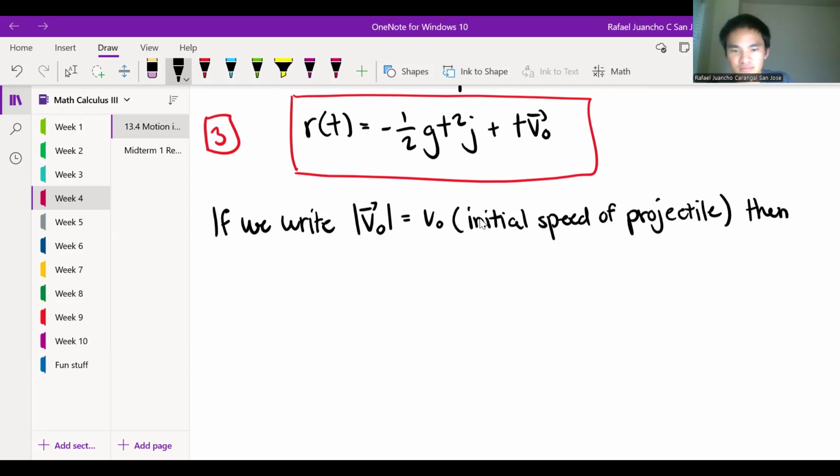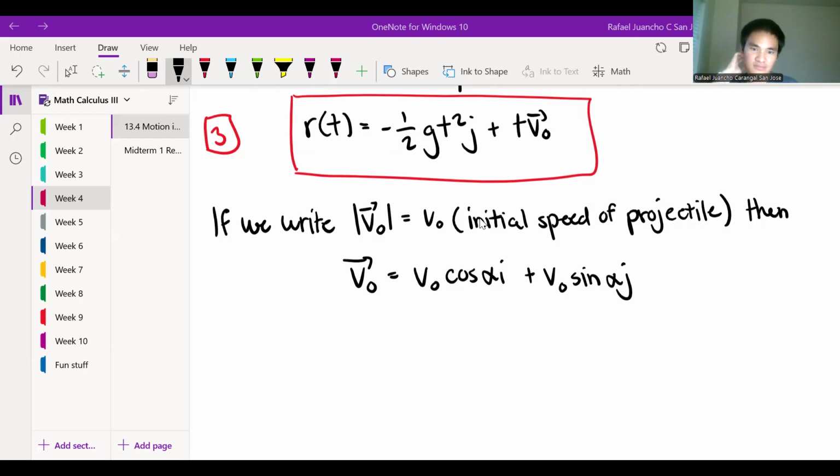Then we say that our initial velocity vector is the initial speed cosine alpha i plus the initial speed sine alpha j, right? So these are positions.